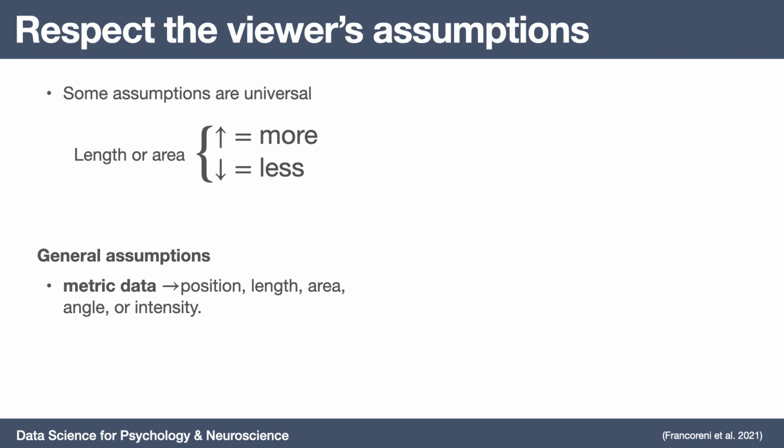Positions can get continuously longer or shorter, or move around the space in a continuous way. Areas can get continuously bigger or smaller, same with angles and intensities. However, nominal data or categorical data, qualitative data, that maps more easily onto things like position, color, and shape.